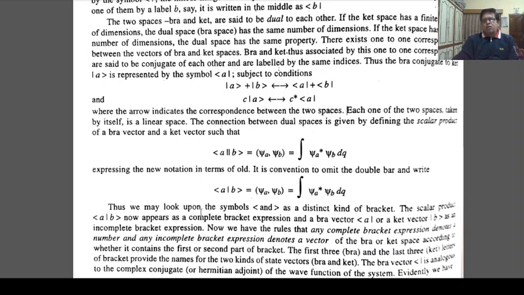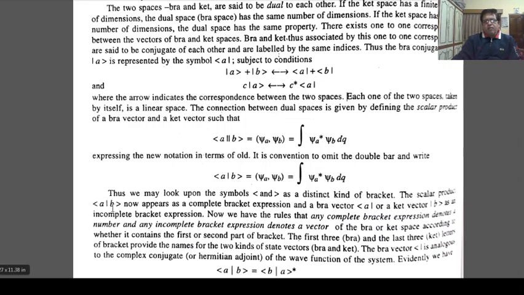Thus we may look upon the symbols as a distinct kind of bracket. The scalar product, bra A and ket B, that is psi A comma psi B, which is known as the scalar product, now appears as a complete bracket expression, and a bra vector and a ket vector in an incomplete bracket expression.